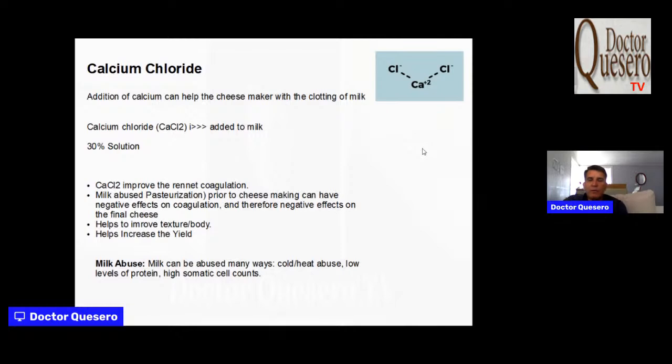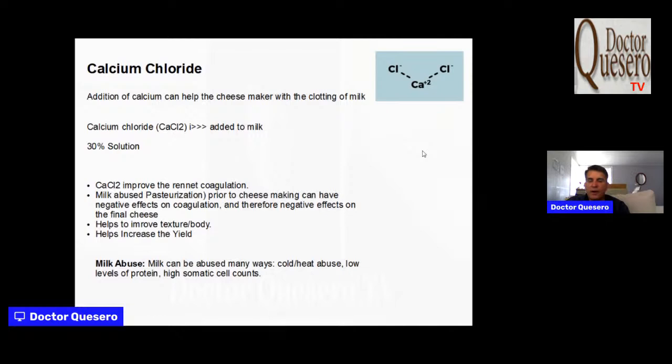And when we pasteurize the milk, when we shake it a lot as well, we can have a negative effect in coagulation, and therefore negative effects in the final cheese.